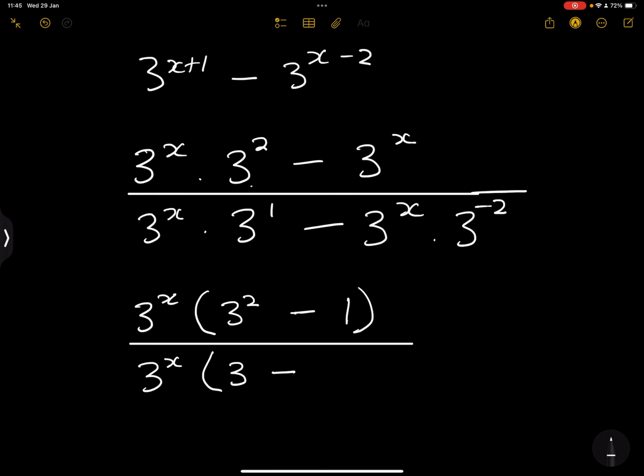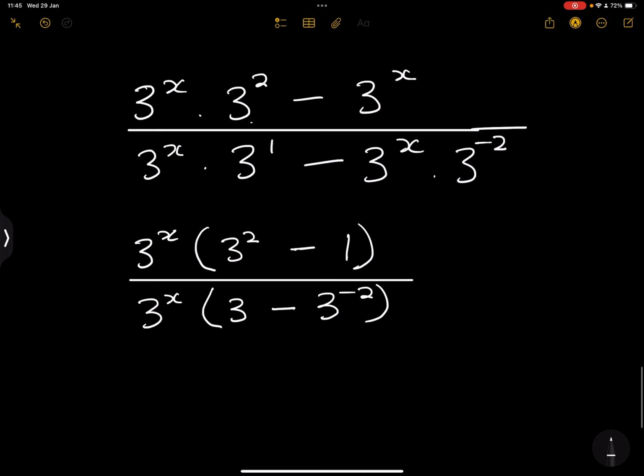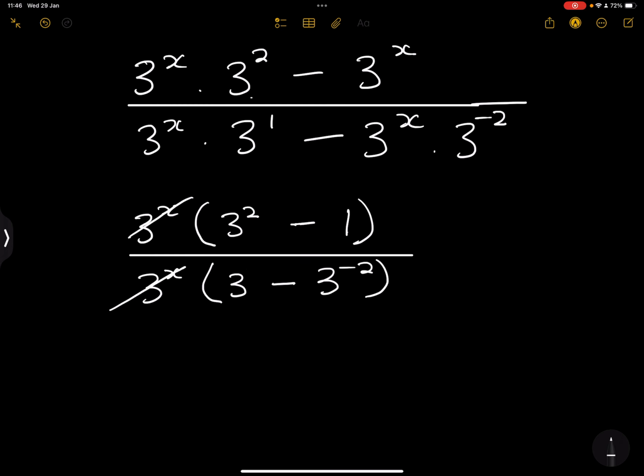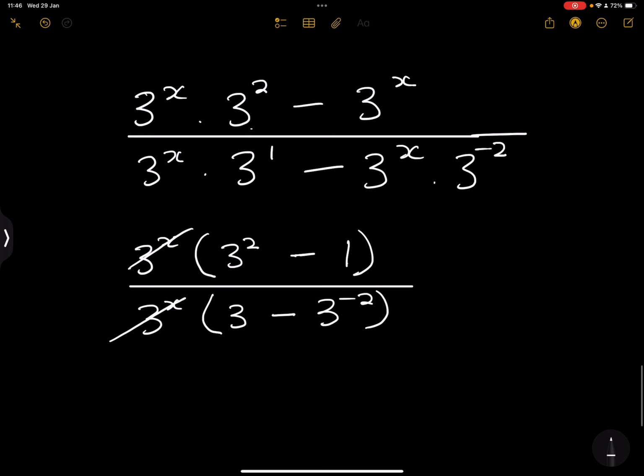So that's going to be 3 to the power of minus 2. We'll deal with that a little bit just now. Which means those two can cancel. So now we've got 3 squared minus 1. So 3 squared is 9 minus 1.